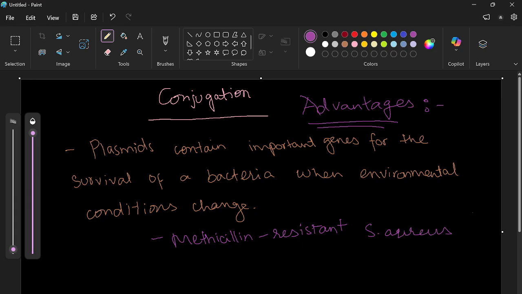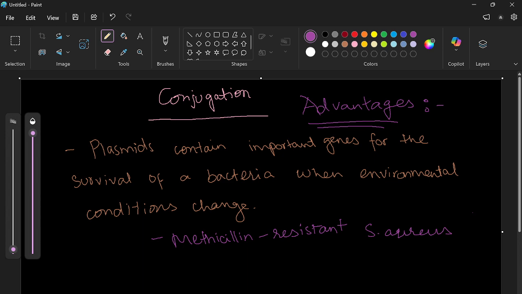Okay, so these bacteria are methicillin resistant, and there is a really high chance that these plasmids are basically, it's not a high chance, it's confirmed information that plasmids code for resistance genes which confer antibiotic resistance upon their bacterial cells, okay, upon their hosts.